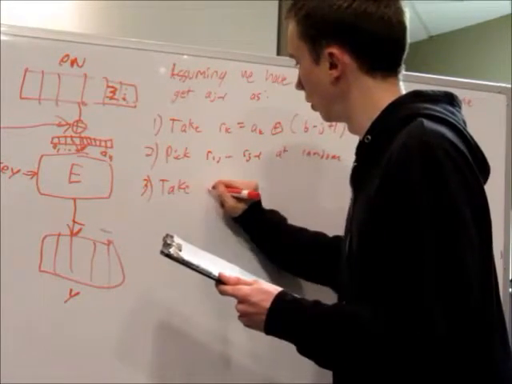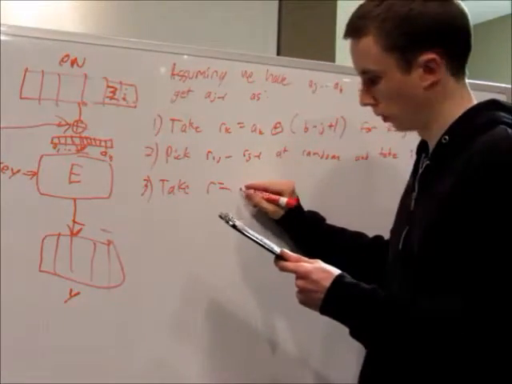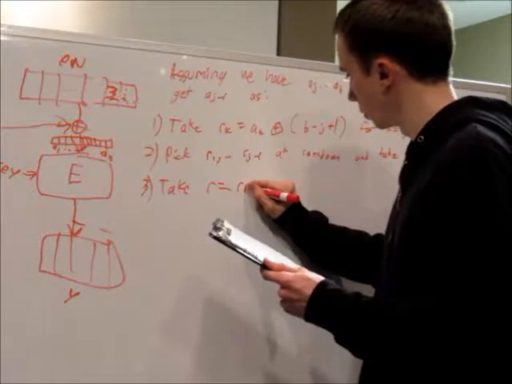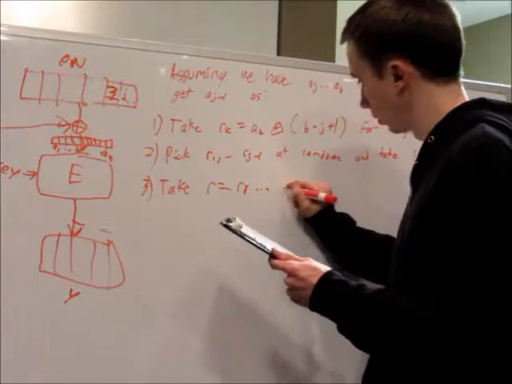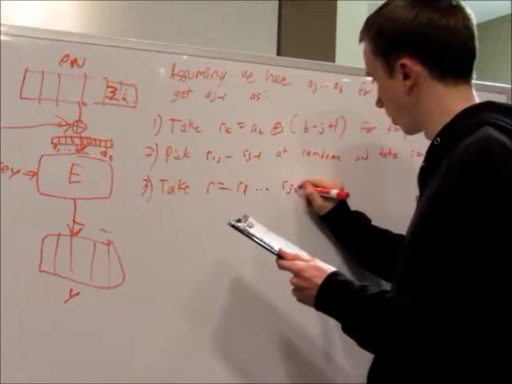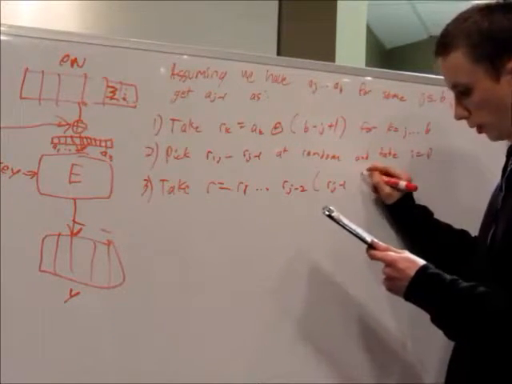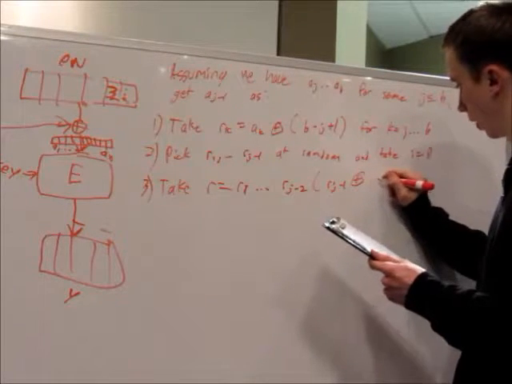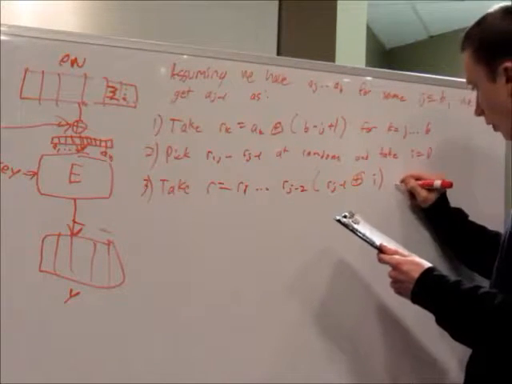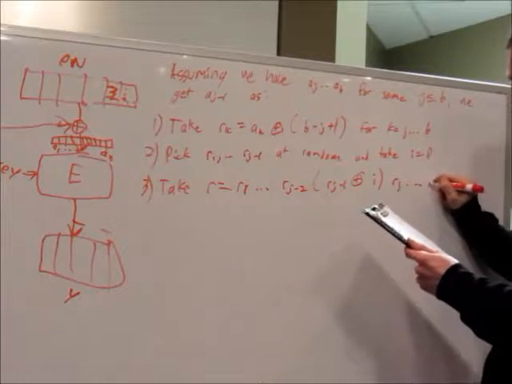Take R equal to R1 through R_{J-2}, R_{J-1} XOR I, and then R_J all the way to R_B.